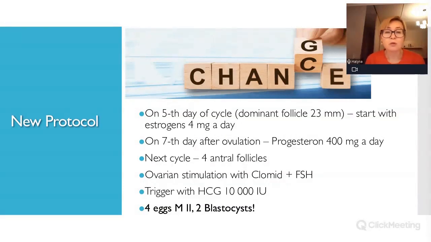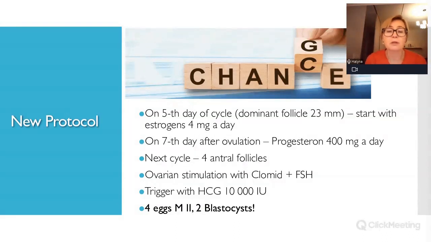So we decided not to take this follicle, and instead wait for ovulation. I prescribed her estrogens, because this very quick growth of follicles mostly depends on a high FSH level, and with estrogens we decrease the FSH level.